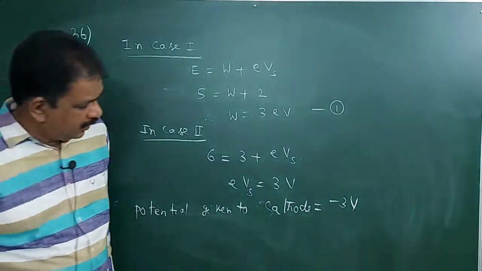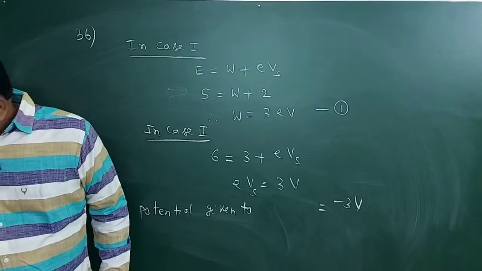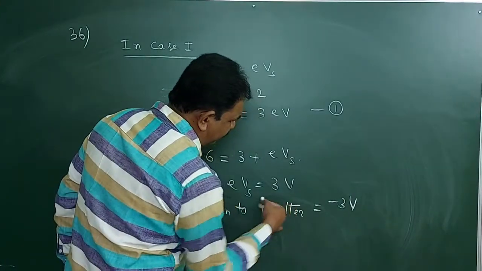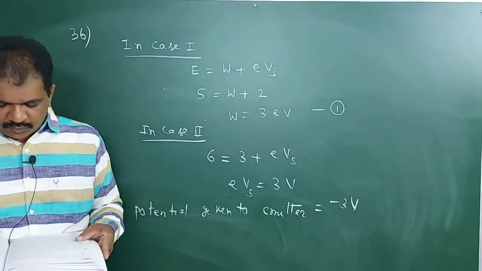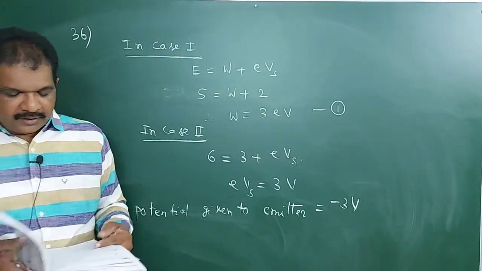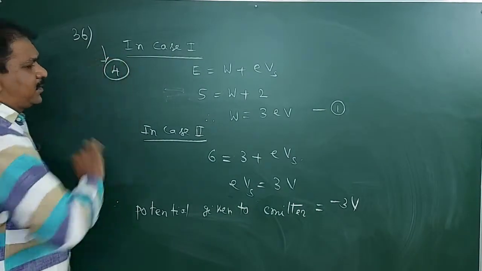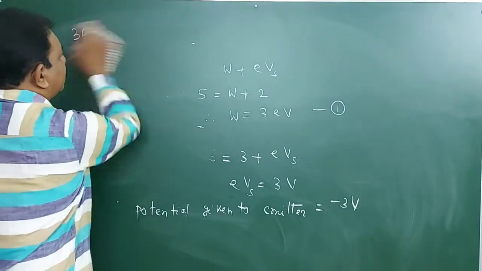You can take any term. Electrons are coming from the emitter; if we give negative potential, it will stop them. So minus 3 volt. So 36 it will be the fourth option. Next, 37.